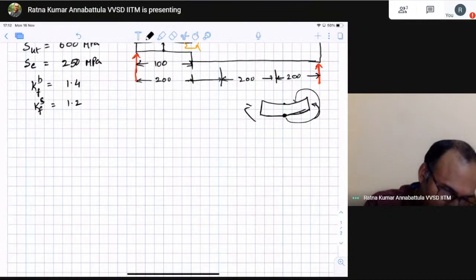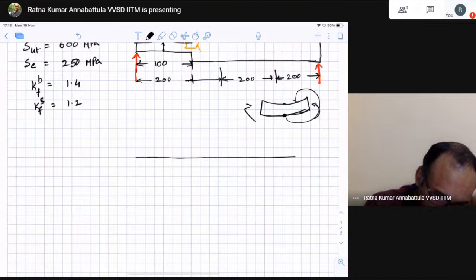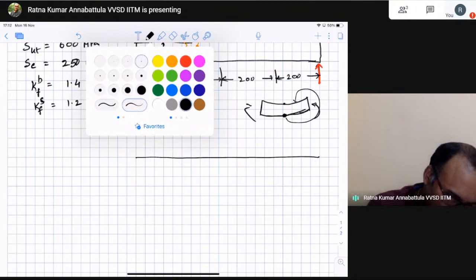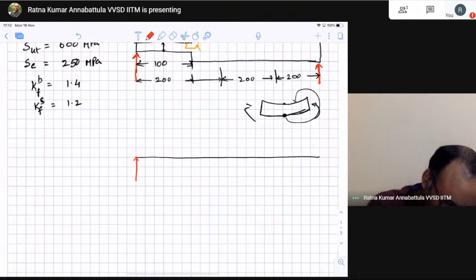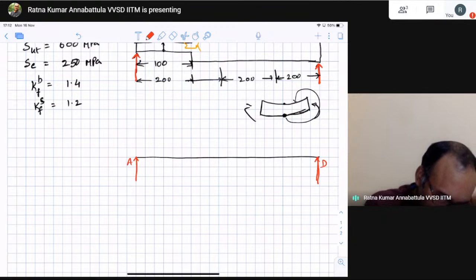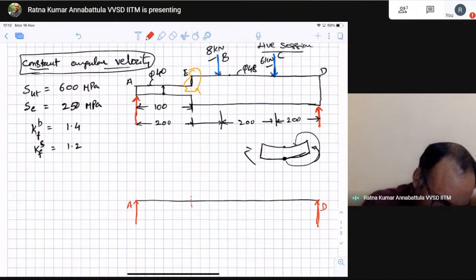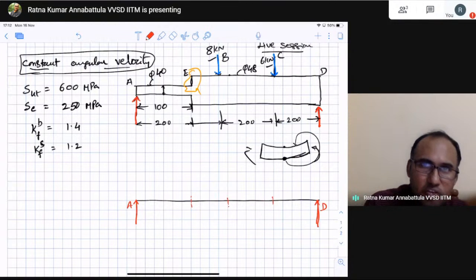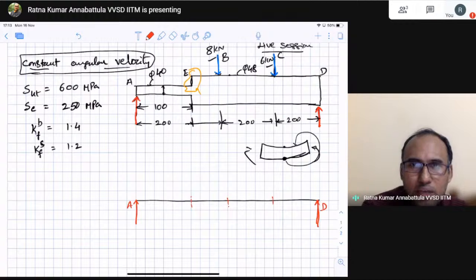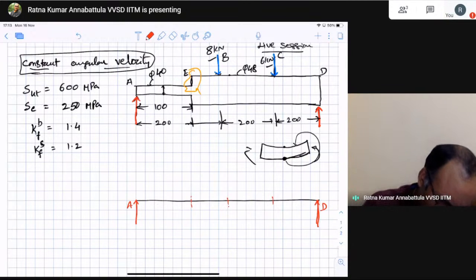Let us idealize this as a beam, as a simply supported beam, with the end supports here, point A, and this is point B, and this is point E. Please bear with me that it is not up to scale.